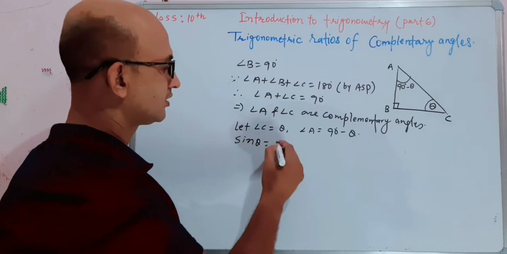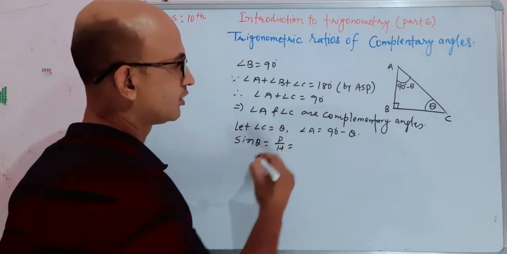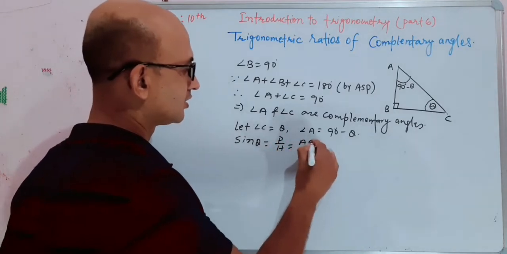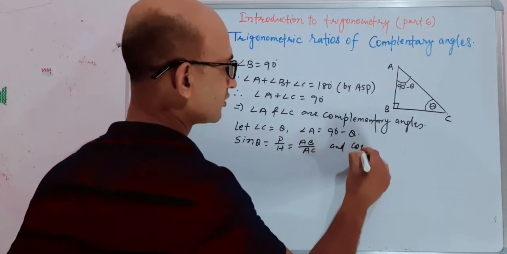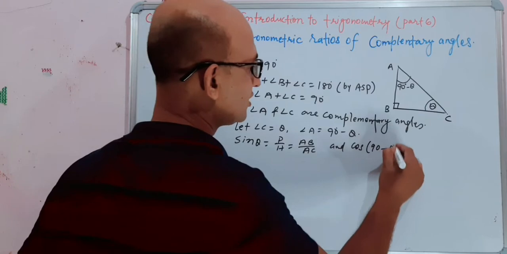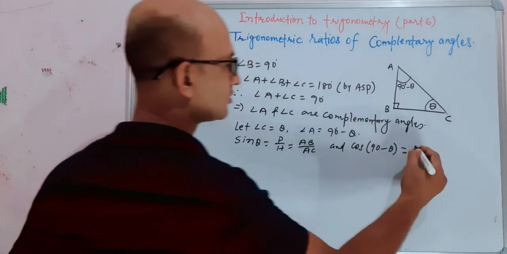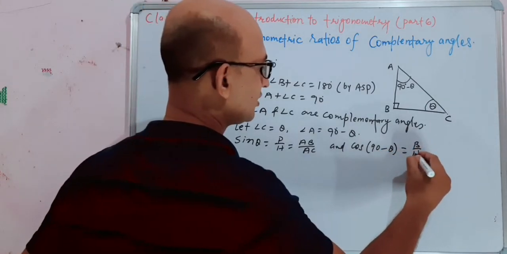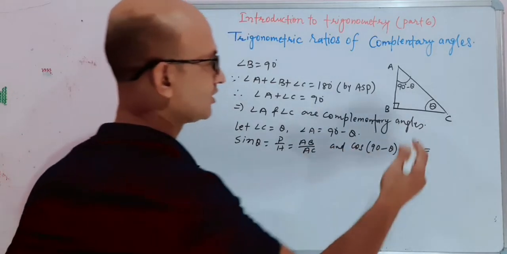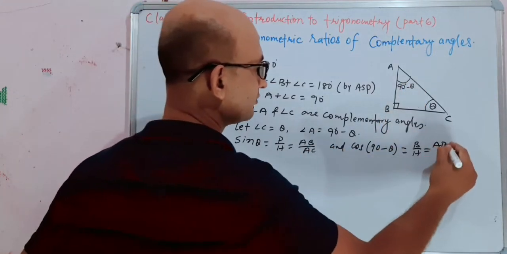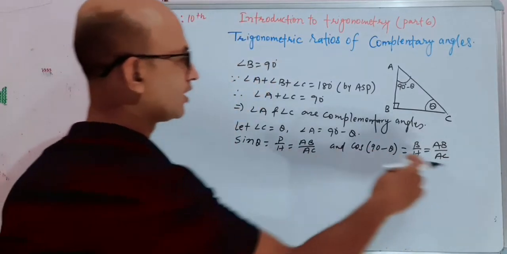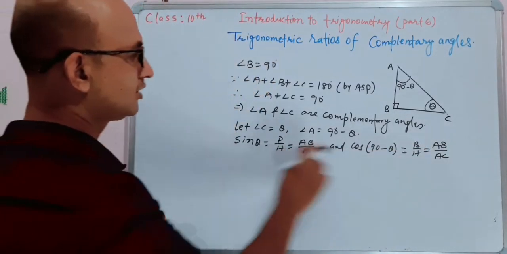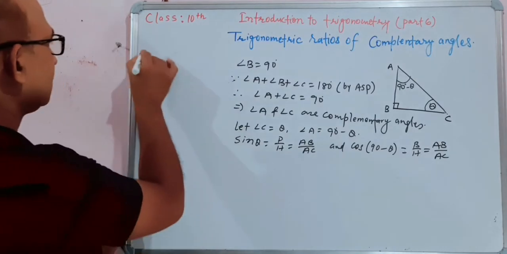Sin theta is perpendicular by hypotenuse, that is AB by AC, and cos 90 minus theta is the ratio of base and hypotenuse, and for 90 minus theta, which side is base? It is AB, and hypotenuse AC. In this way, we get sin theta equals cos 90 minus theta.